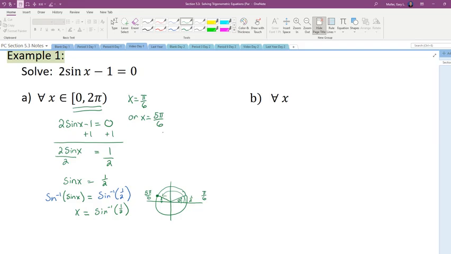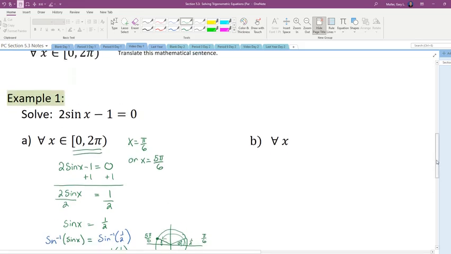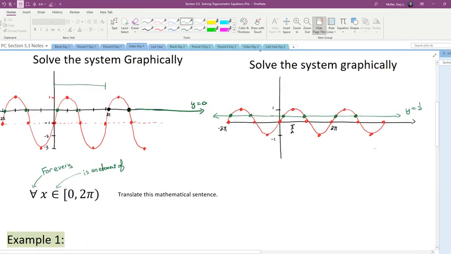Okay, let's go back and look at our graph and see if that kind of matches what we've got. We had said it's a little bit after 0, so that's your pi/6, and we said it's a little bit before pi, which would be 5 pi/6.